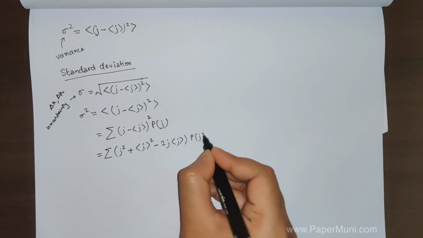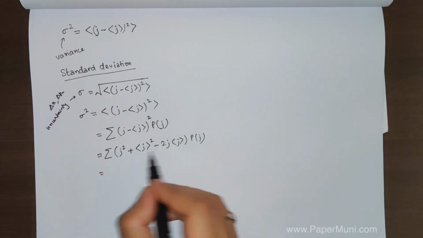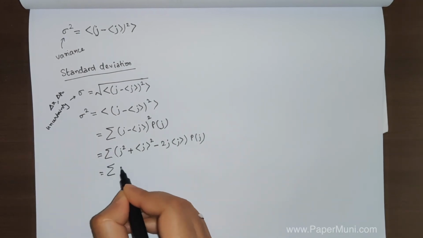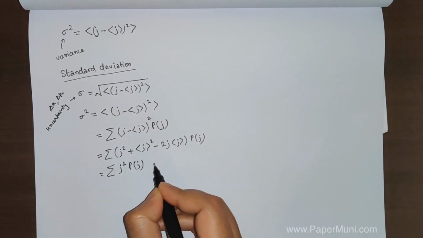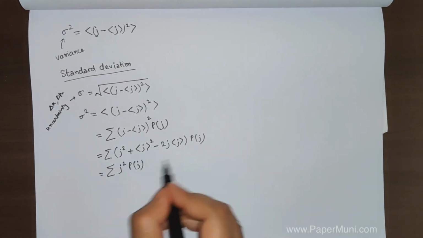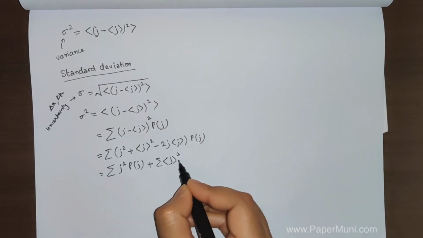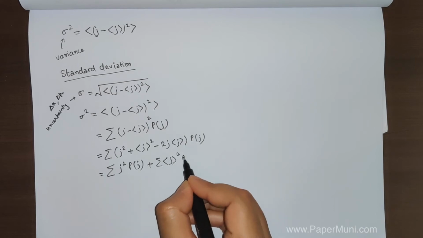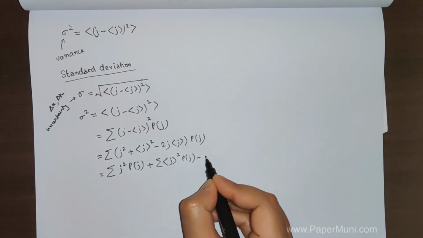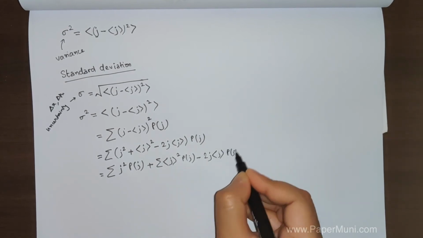So you get this. Now open up the bracket and write it like this. The first term is the summation of j square pj, plus the summation of the square of the mean of j multiplied by pj, minus 2 times the mean of j times the summation of j pj.